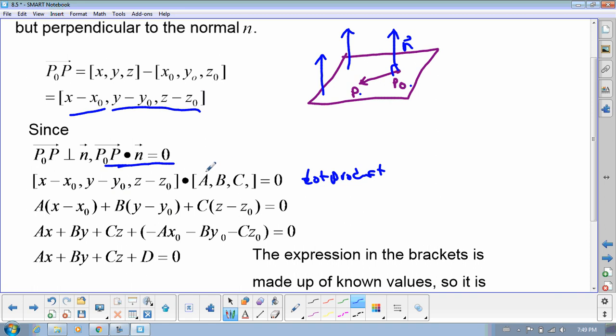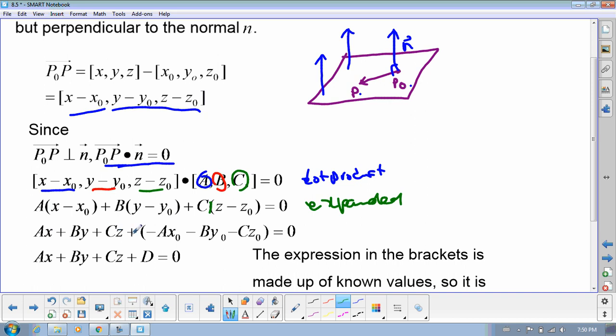What's happening in the next step is I'm actually doing the dot product. I'm taking the A and putting it with x minus x naught, because that's the x component. We take the B and put it with the y components, and we take the C and put it with the z components. So I've expanded it. Now I can't really simplify it much, but I'm going to pull the Ax, By, and Cz out in front.